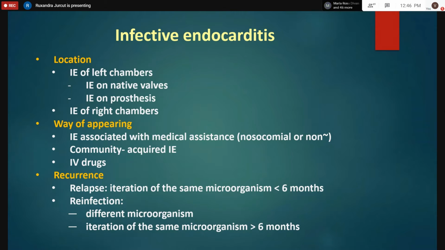That's called a relapse, and it's usually proven by finding the same microorganism quite soon after the first episode, less than 6 months. Or could it be a reinfection, a different infection, just bad luck that the patient has it twice? It's usually more than 6 months apart, and it's a different microorganism.